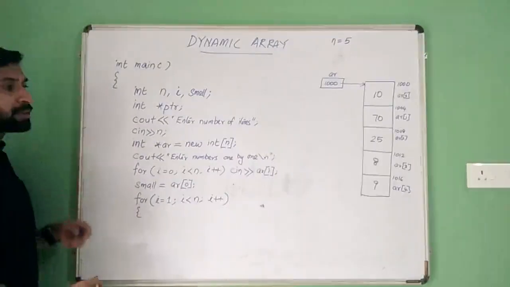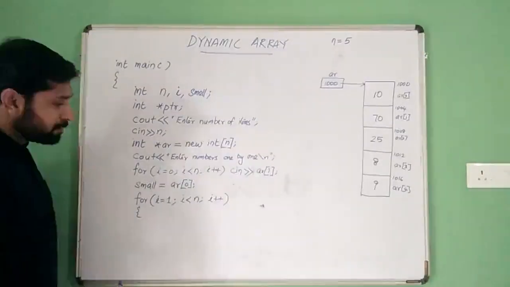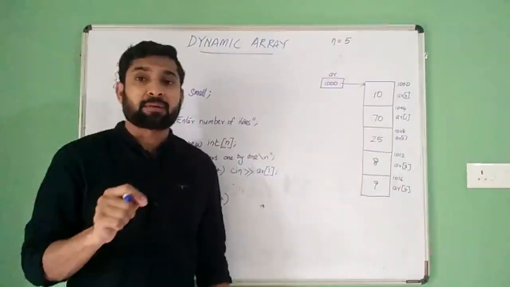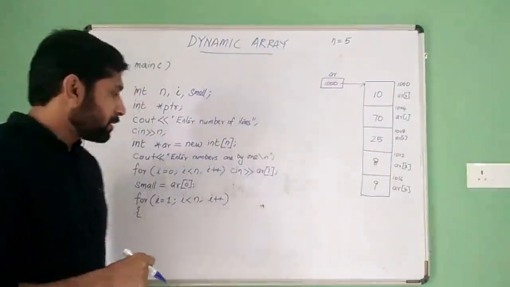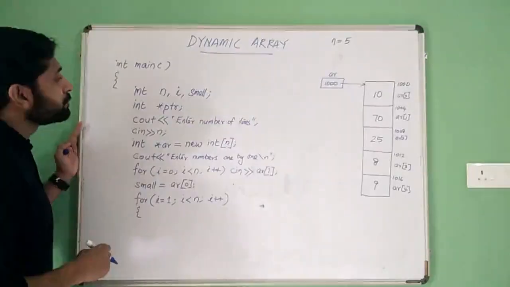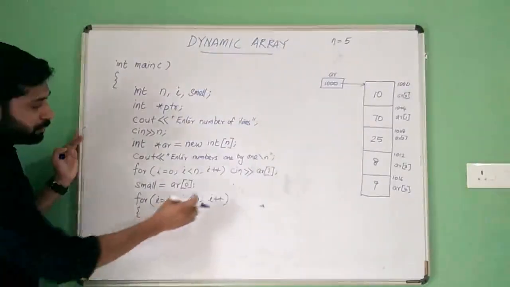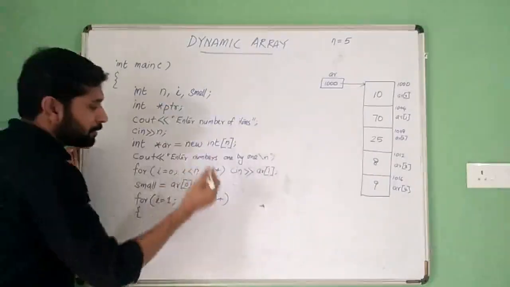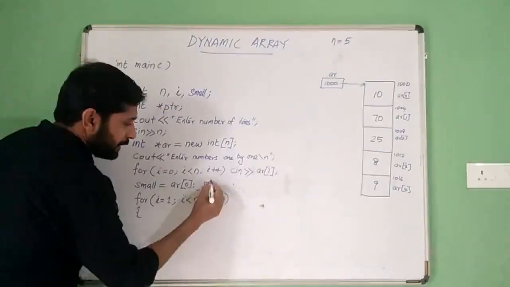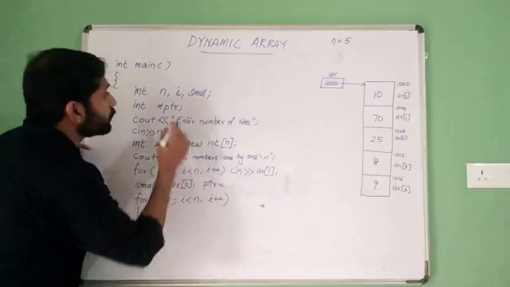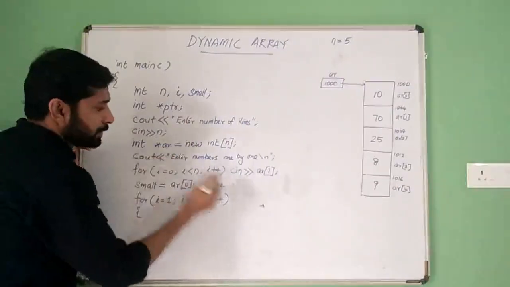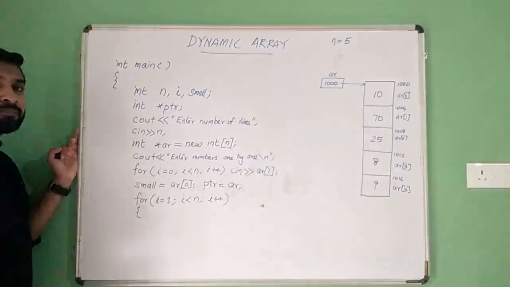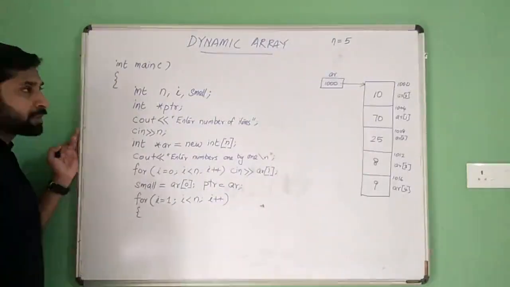Now opening the curly brace. So here we are using the pointer arithmetic for accessing elements. We are making one more statement here. We have a PTR here. We are writing like this: PTR equal to AR. What happens?